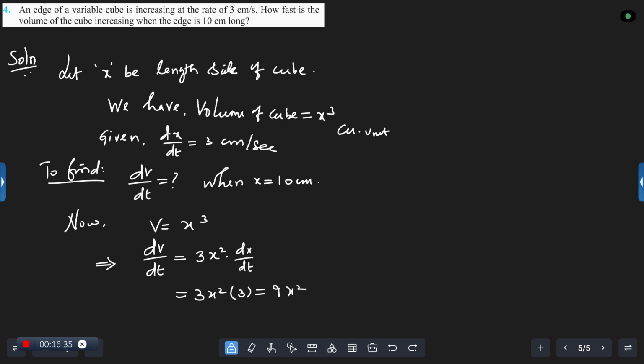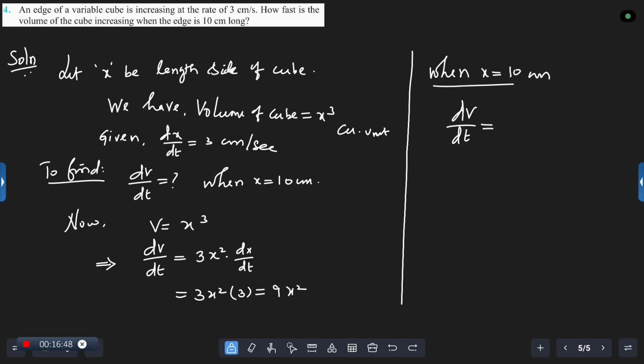What is the conclusion? When the length of the side of the cube is 10 centimeter, then the rate of change in volume dv by dt equal to 9 into 10 square centimeter cube per second. Correct?